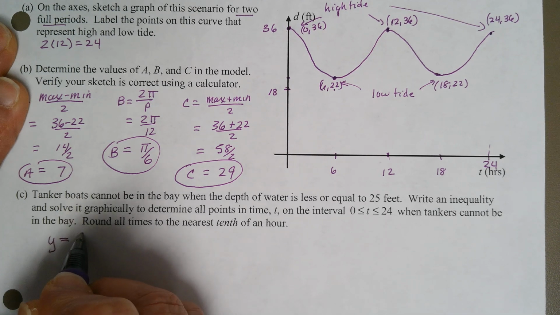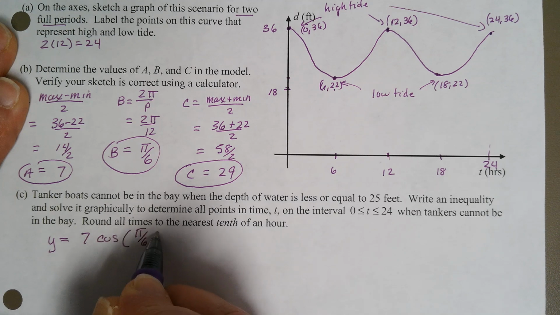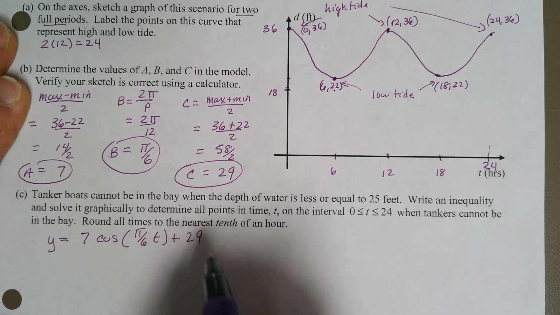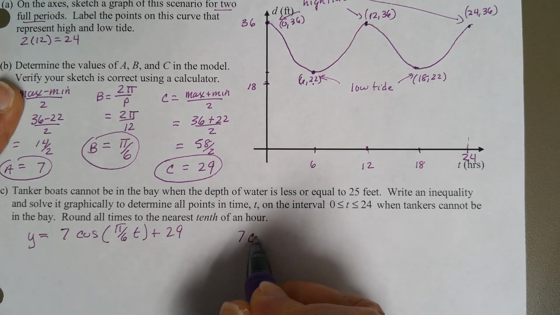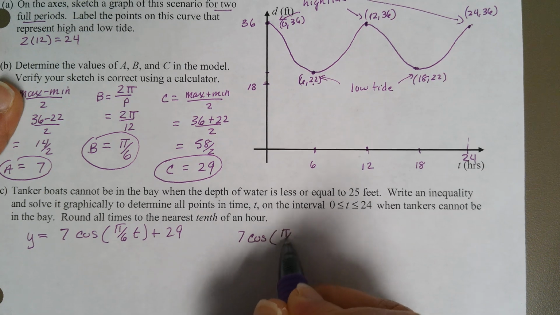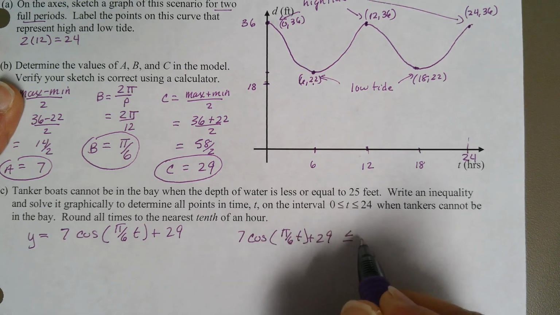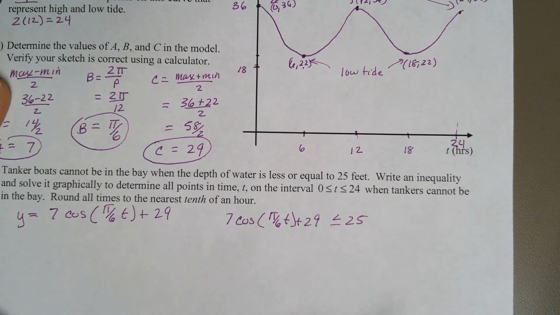y equals 7 cosine pi over 6 t plus 29. So our inequality would be: when is this less than or equal to 25?